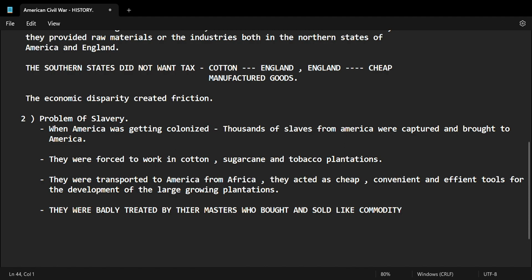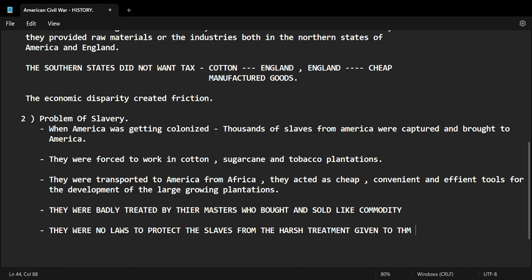And the last thing, there were no laws to protect the slaves from the harsh treatment given to them by their masters. So imagine there are actually some Dobbies from Harry Potter; in America there were, okay, slaves.